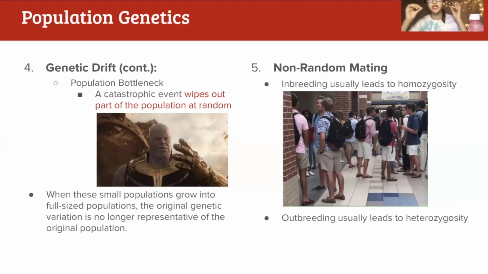So that's just the picture you want to have in your mind. Honestly, a lot of this is very commonsensical. As long as you understand the general concept and can apply it, then you should do just fine. So that's it for population genetics. Thank you very much, guys.